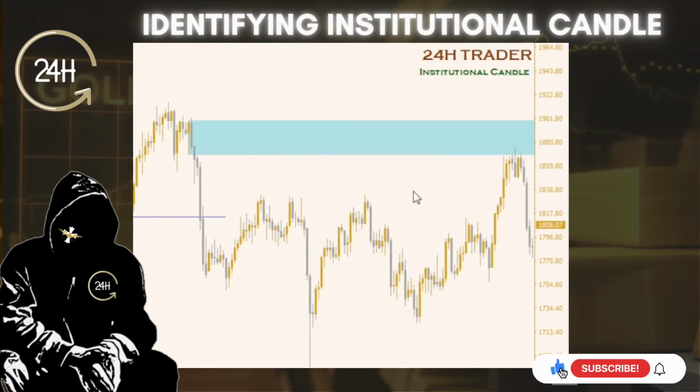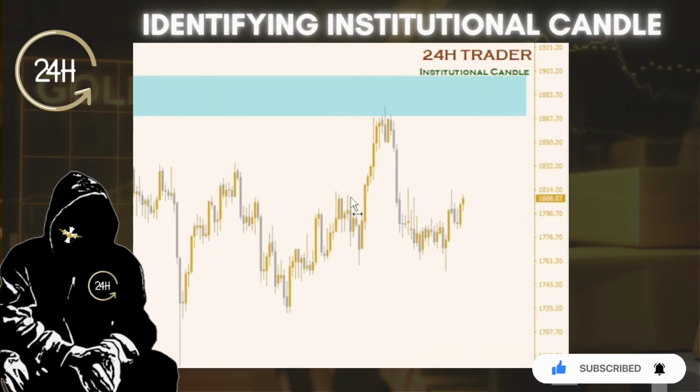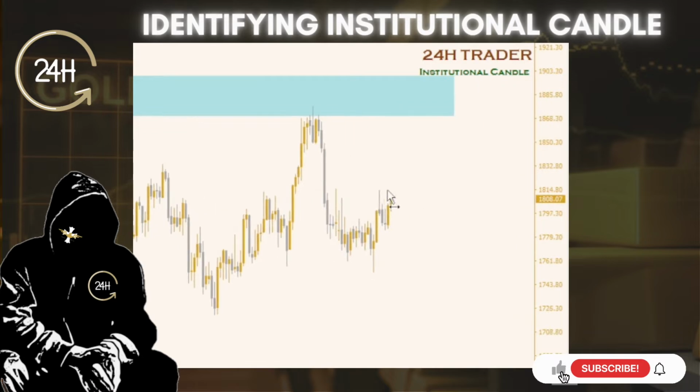So you can always wait for the market to pick up any institutional candle on any time frame, because if it hasn't been retested, if it hasn't been picked, the market will certainly pick that area.